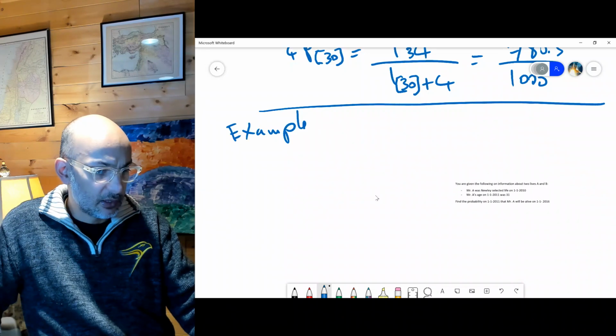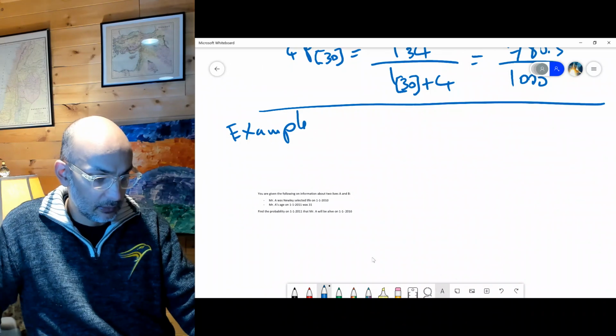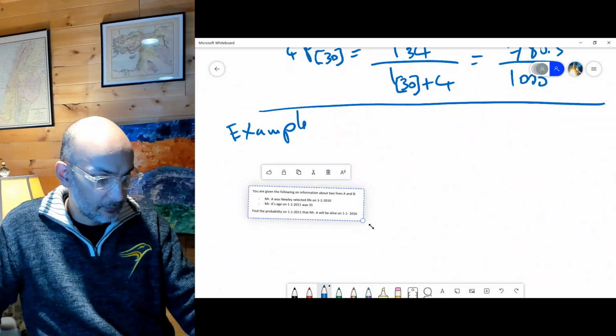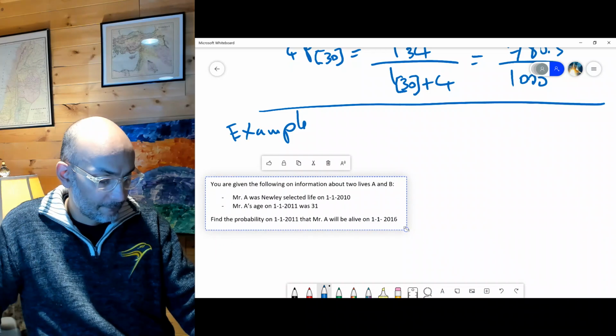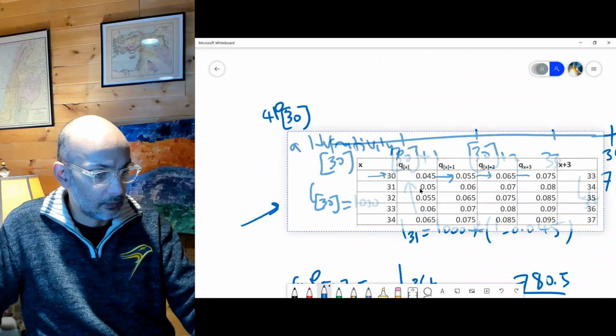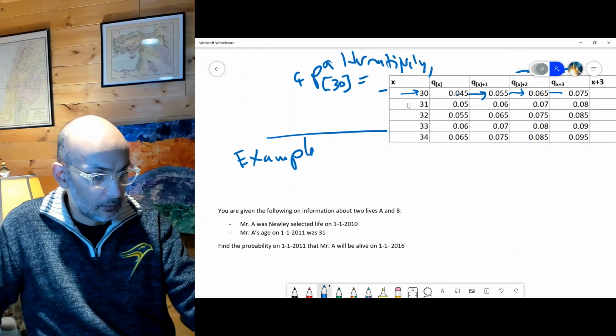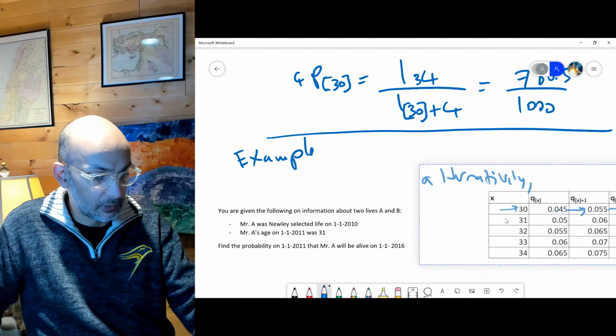We'll use the same table we created, so let me put this one here and let me make it larger. And let me just get the same table here, just to remind us of what we were doing.